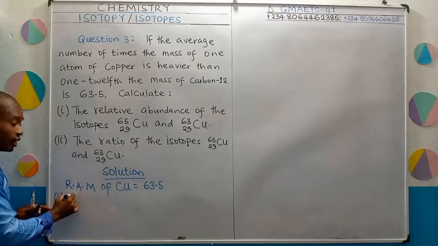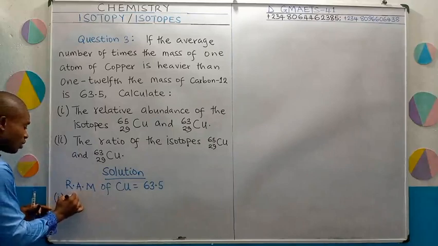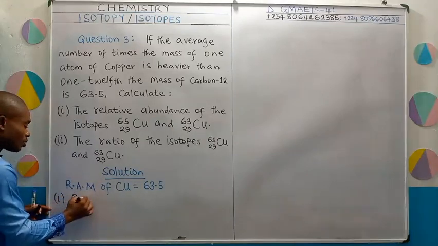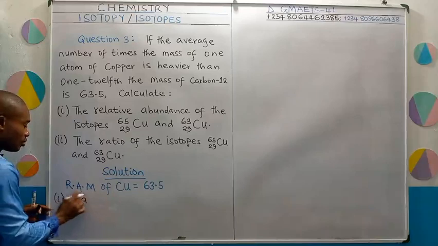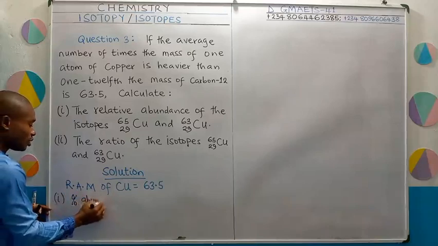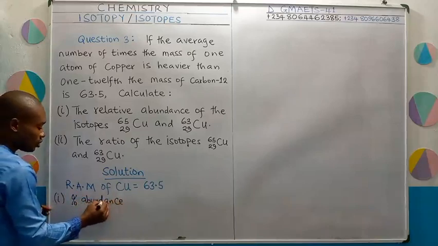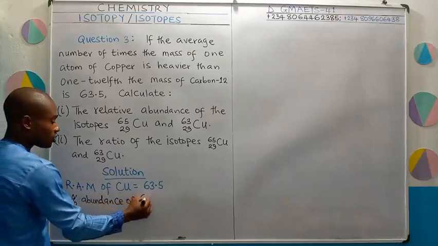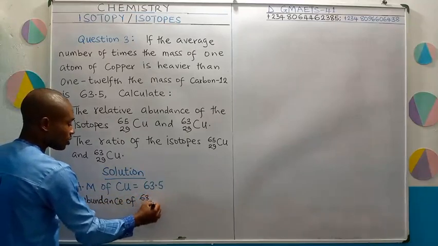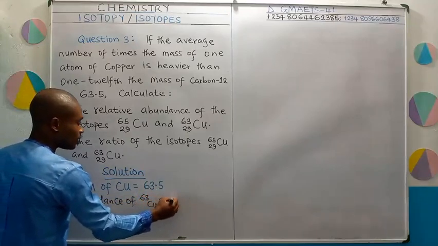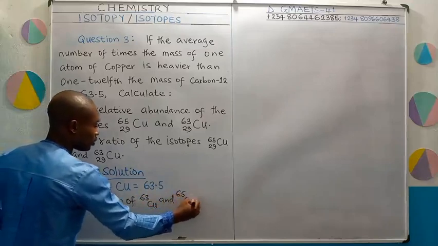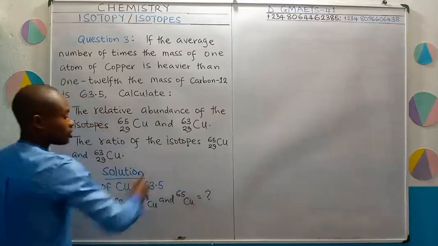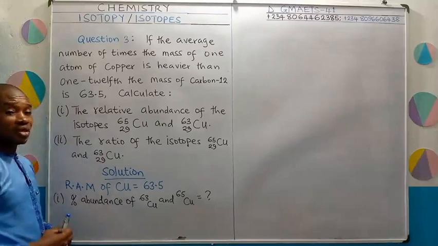So it's going to be the percentage abundance. Permit me to use this as percentage abundance of 63 copper and 65 copper. I don't know, so I'm going to say let it be equal to question mark.